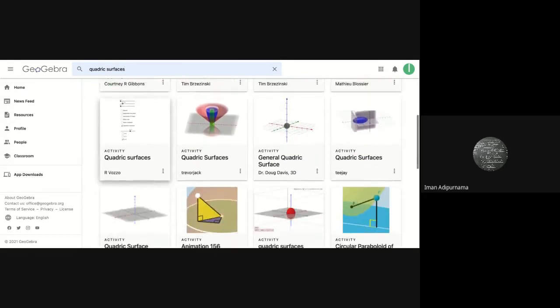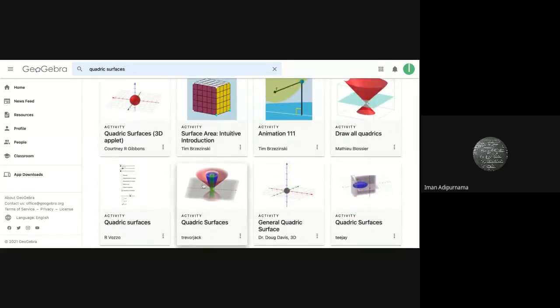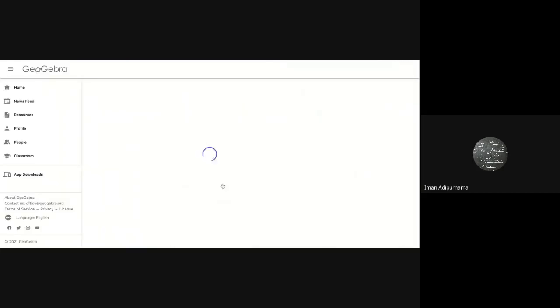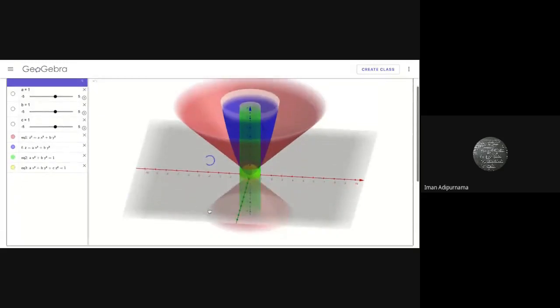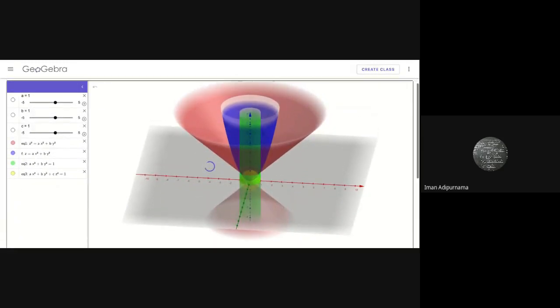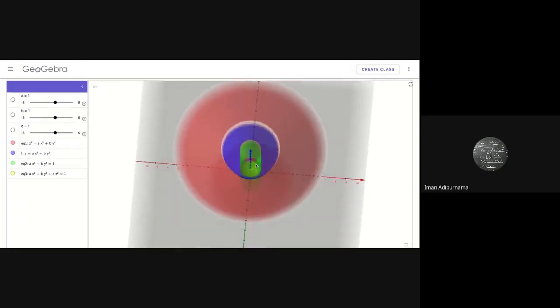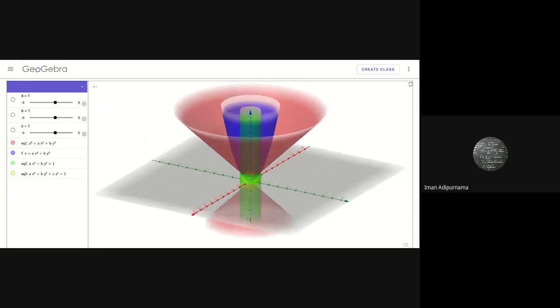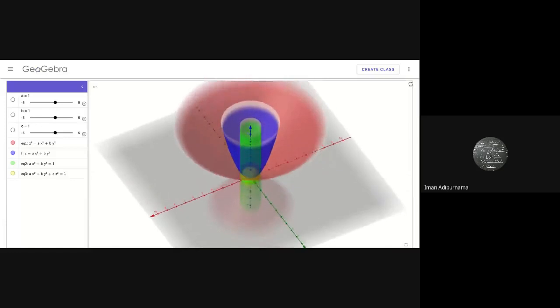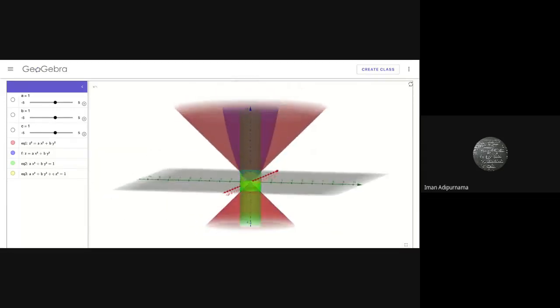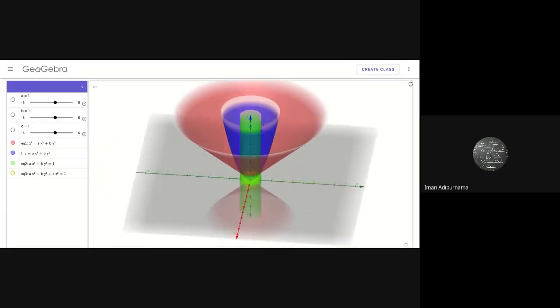Let's say we are trying to open this one. Okay, and this is what it looks like. So this is basically what most quadratic surfaces really look like in 3 dimensions.